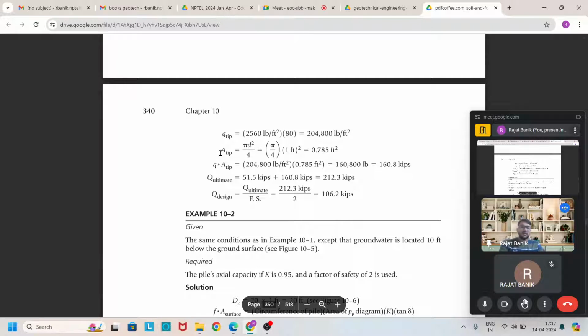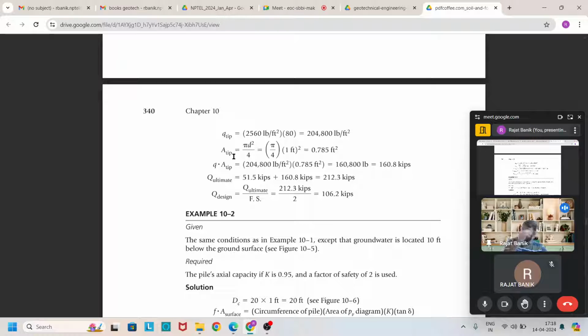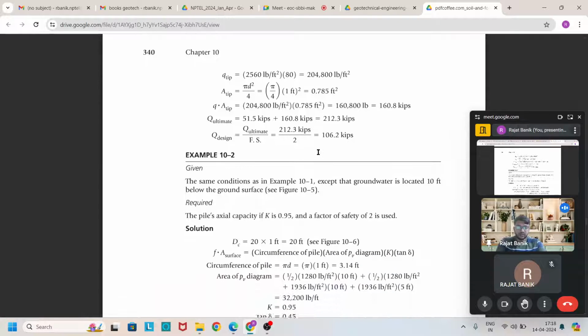Add the friction capacity and the end bearing capacity to get the ultimate capacity of the pile. Then, to find the design capacity, divide the ultimate capacity by the factor of safety of 2 and get the answer.